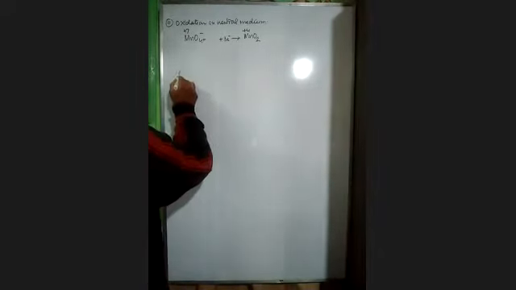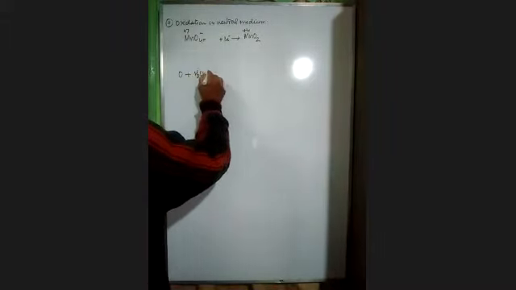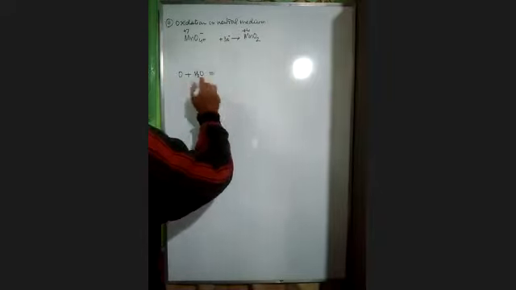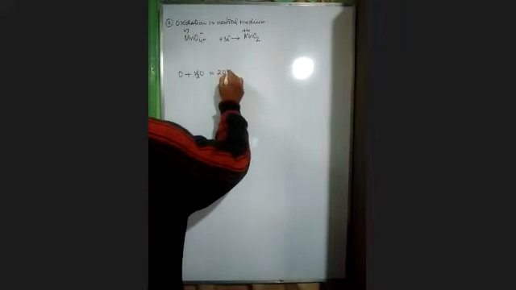Suppose if I have to remove oxygen from here, so what should I do? I will add here water. So water is going to combine with the oxygen to give you 2 OH minus.